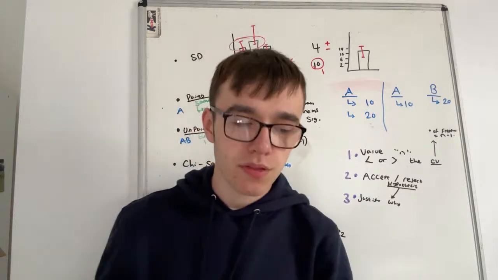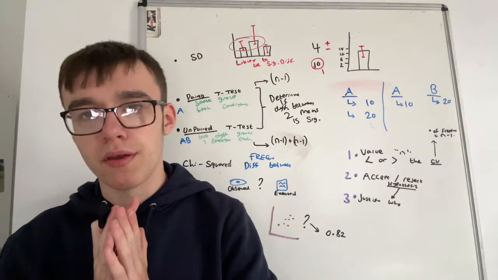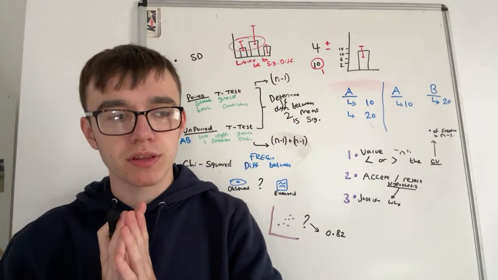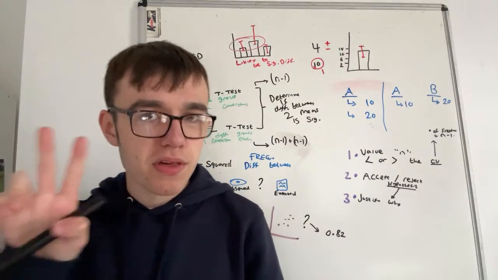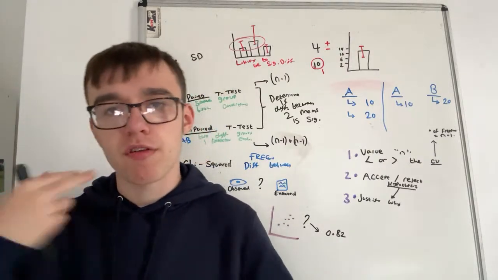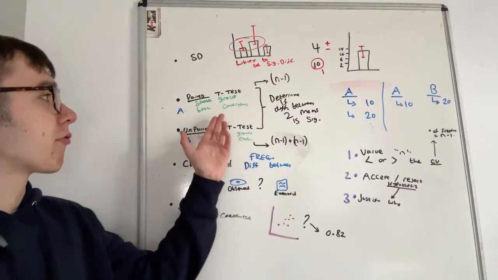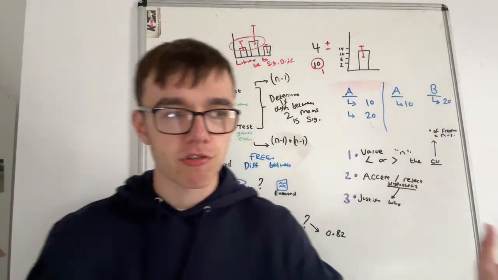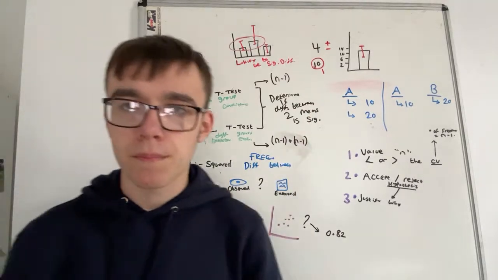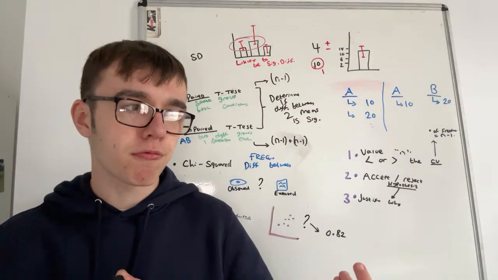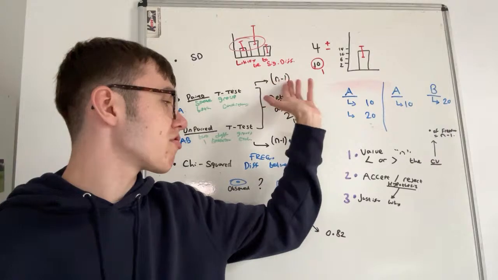The paired t-test allows you to determine whether the mean is significantly different between two sets of data, but these two sets of data are from the same group. So it's the same group doing two different conditions, one after the other. To determine the degree of freedom for this, it's n-1.